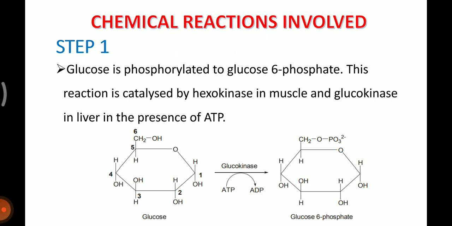Glucose molecule is a 6-membered ring system. One of the hydroxyl groups from the glucose molecule is replaced by a phosphate group. So in this reaction, phosphorylation of glucose takes place, leading to the conversion to glucose 6-phosphate.